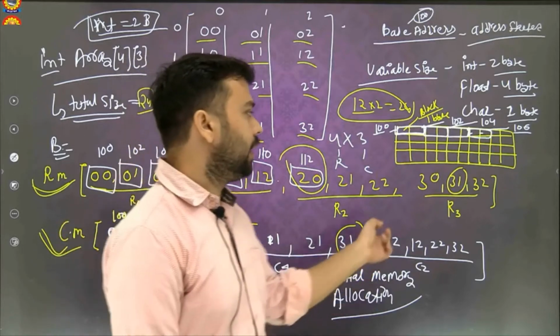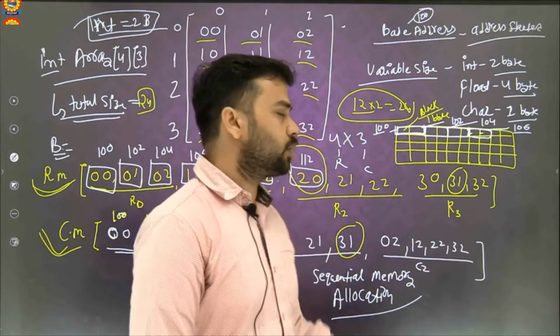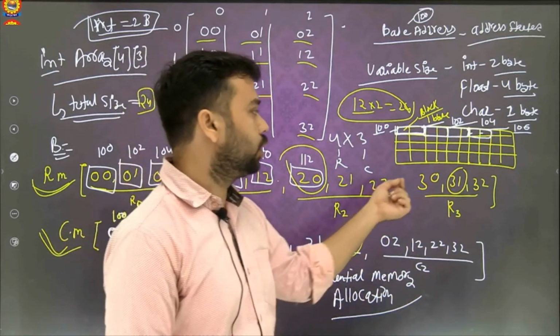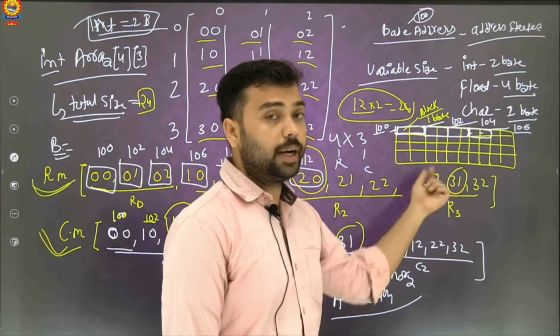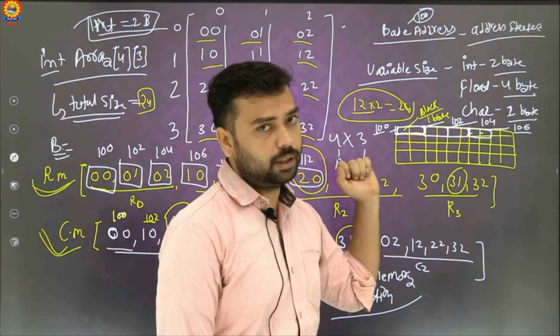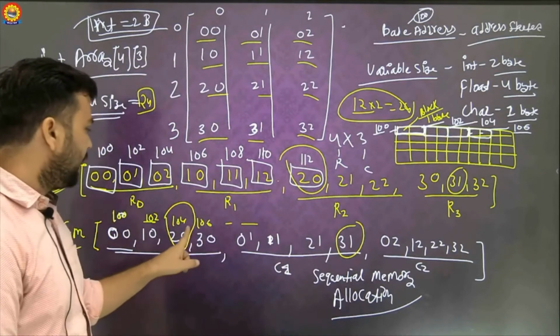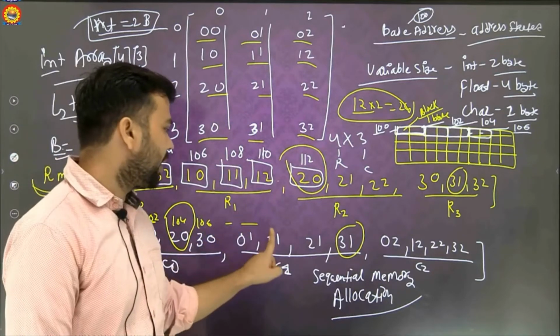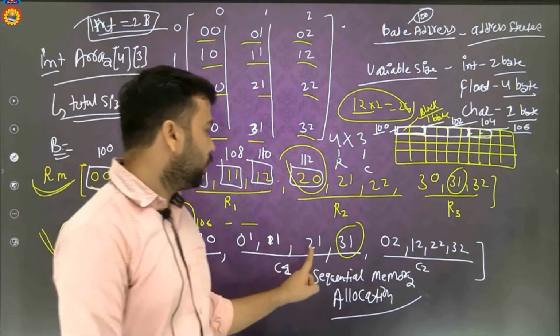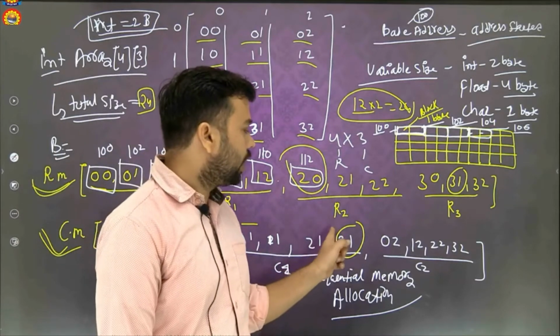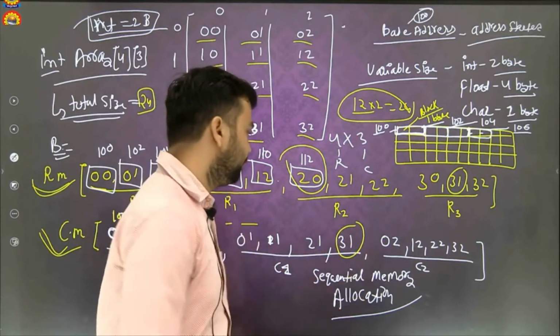That's it. Then we get the address of 31. So 120 is the address of element 31. And in this case, 106, 108, 110, 112, 114. So here the address is 114.